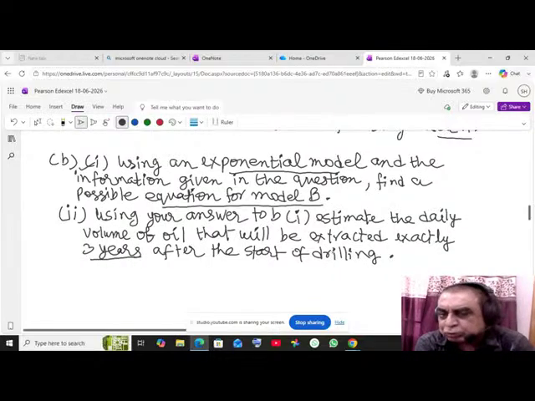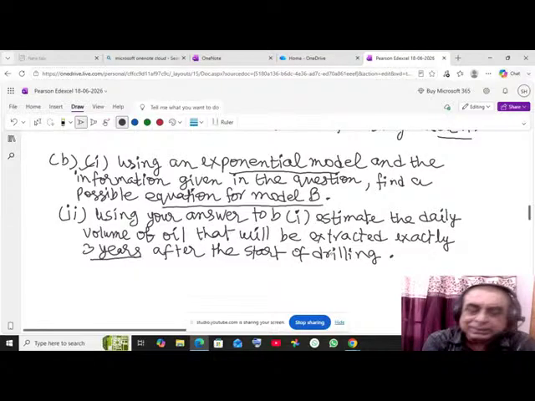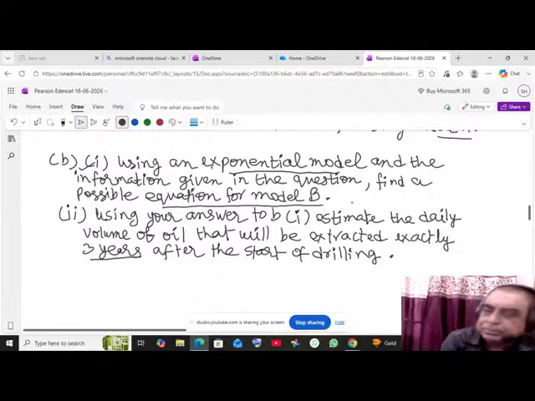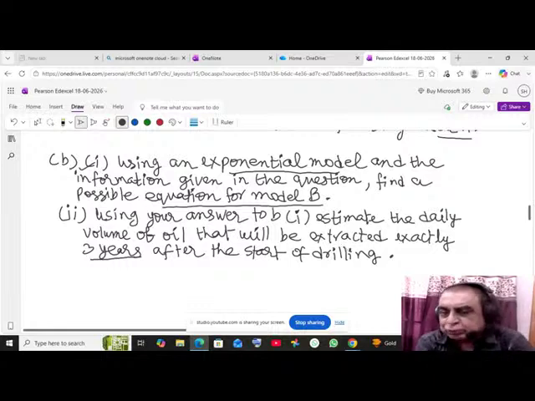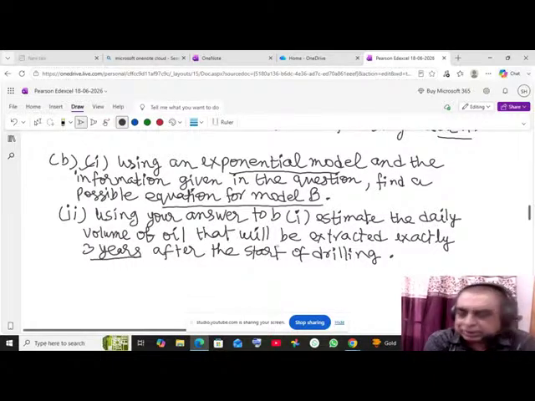So find the equation obeyed by that graph, and using that equation you find out how much daily oil will be drilled from the well after 3 years of starting the drilling.